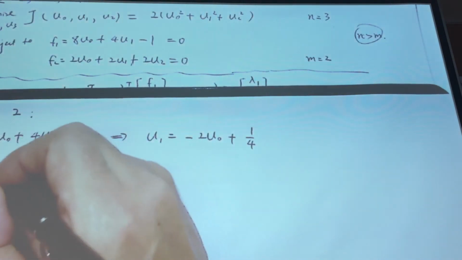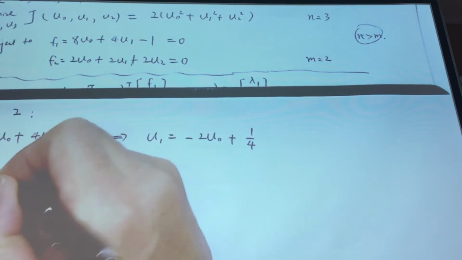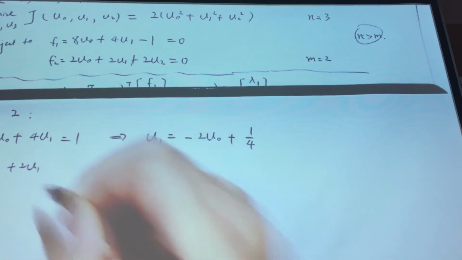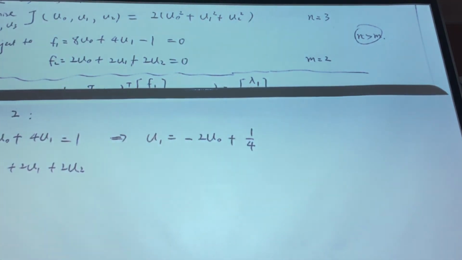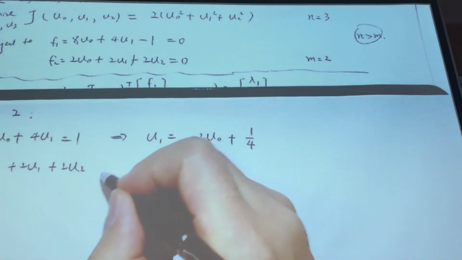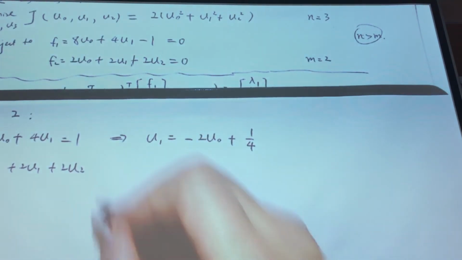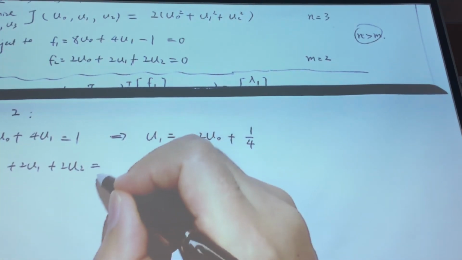Secondly, we have the second equation, 2u0 plus 2u1 plus 2u2 equal to 0.